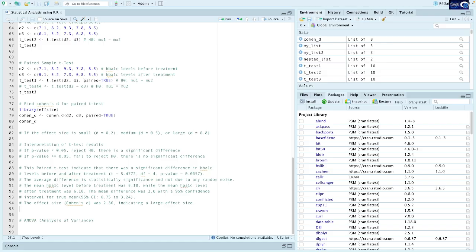Now we will quickly check the assumptions of linear regression and we will conclude. The first assumption is linearity. We will simply plot the model with which equal to 1. It will give you the residuals versus fitted values. There are no normality assumptions here.